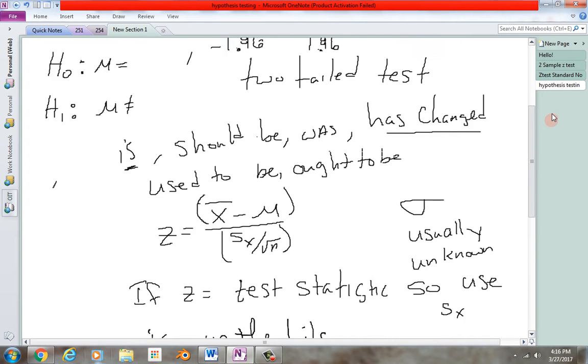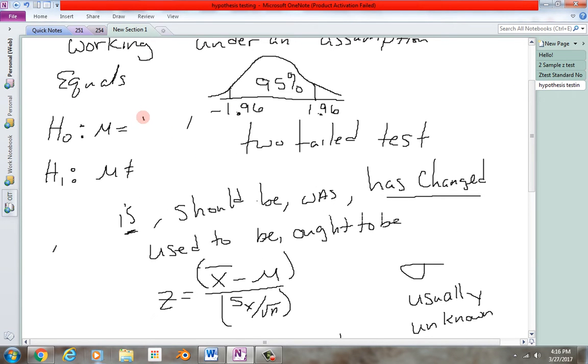Like if up here you said, hey, the mean is 10 versus the mean is not 10. Well, you're never going to get x bar equals exactly 10, for God's sakes. It might be 10.2. It could be 10.7. It could be 11.9. It could be a lot of things. It could even be 9.2. That's not the point. We don't want to say it has changed a little bit or whatever. No. Significantly. That's the key word.